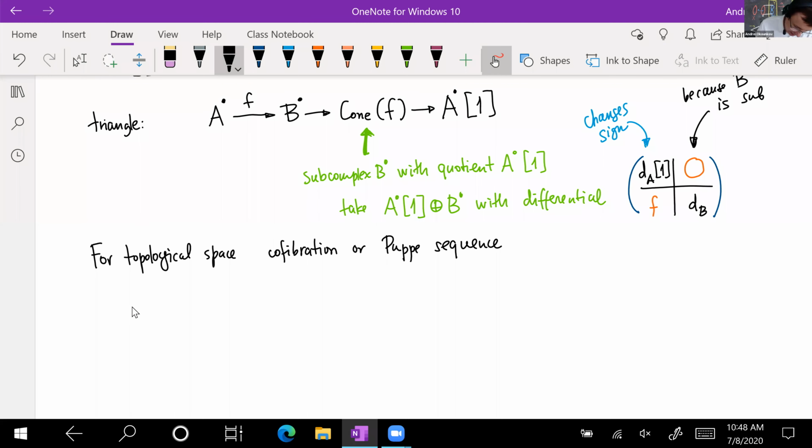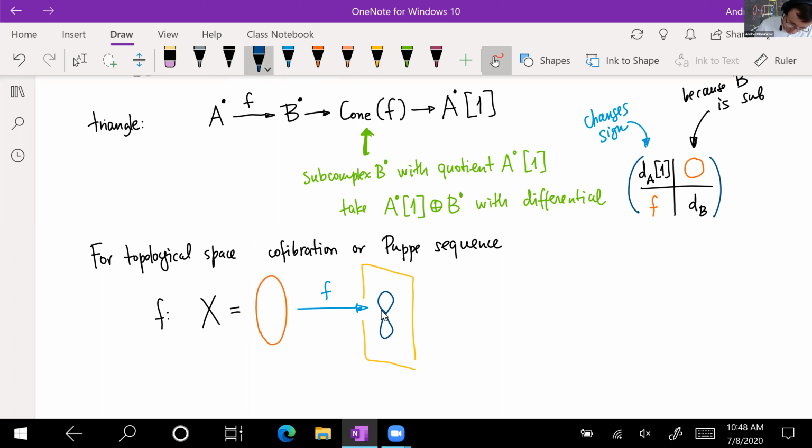But suppose I have a map from X to some Y. Maybe X is like a circle, and there's a map to some space Y, which maybe looks like that. And then this is the image f of X sitting inside Y.